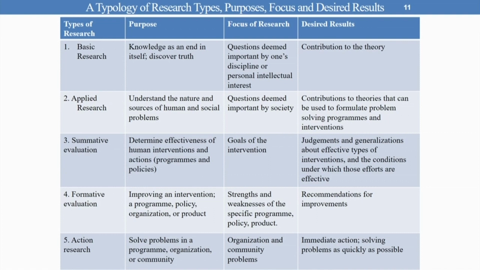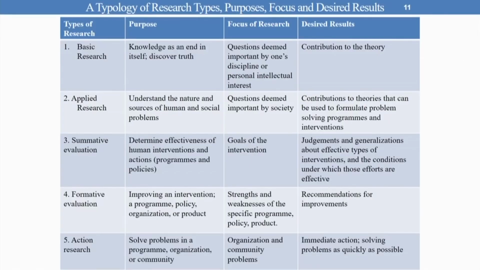What are the determinant factors that have contributed to the rise of wasting, which is weight by age in India? That is an applied research question, and the possible answers to these kinds of questions will also contribute to policy formulation. In terms of the desired results, there are contributions to theories that can be used to formulate problem-solving programs and interventions.